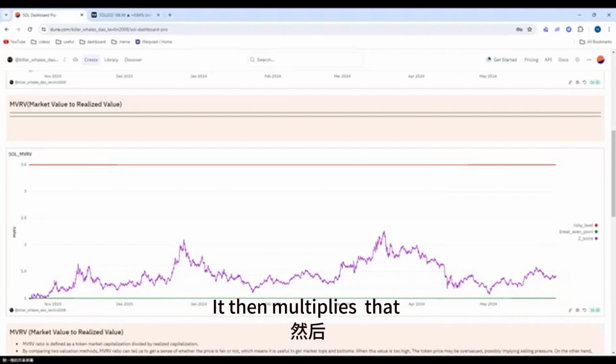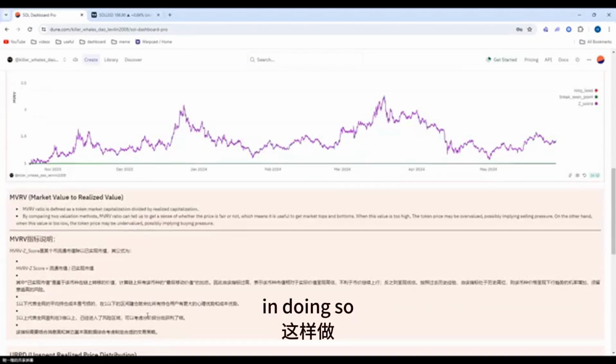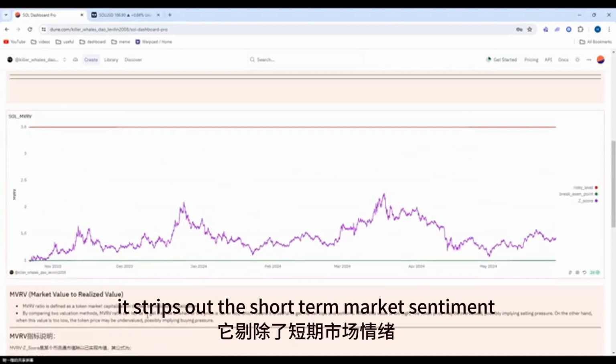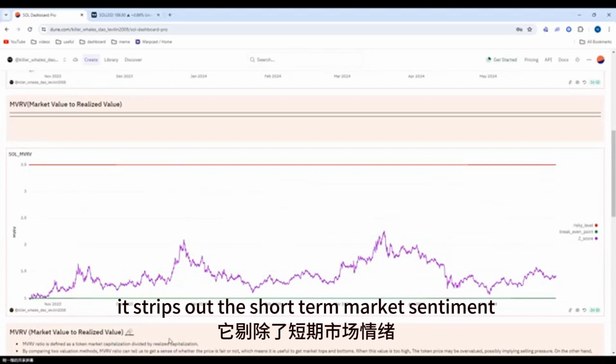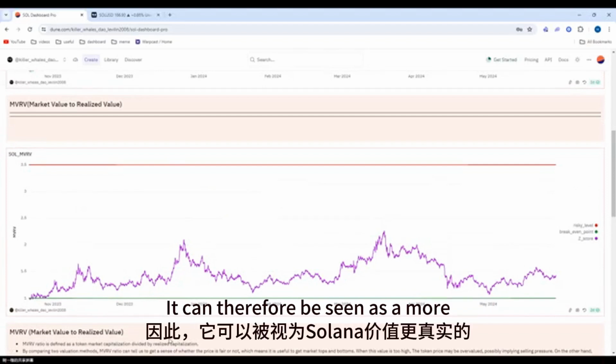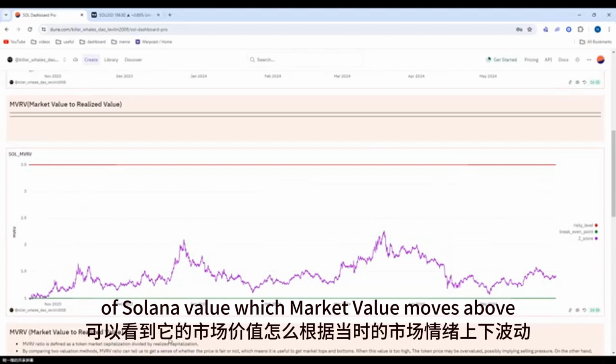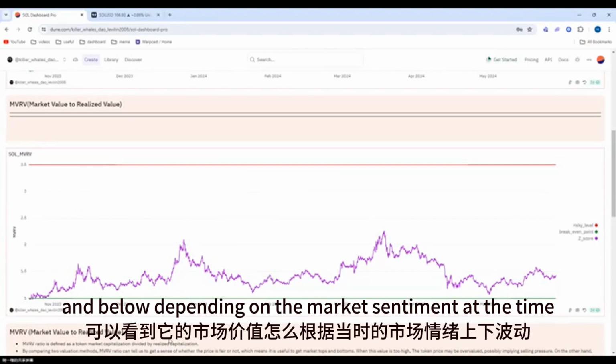It then multiplies the average price by the total number of coins in circulation. In doing so, it strips out the short-term market sentiment that we have within the market value metric. It can therefore be seen as a more true long-term measure of Solana value, which market value moves above and below depending on the market sentiment at the time.